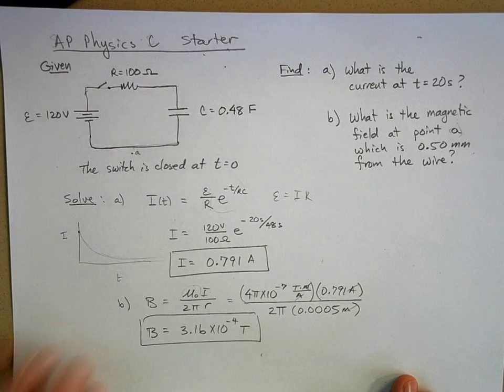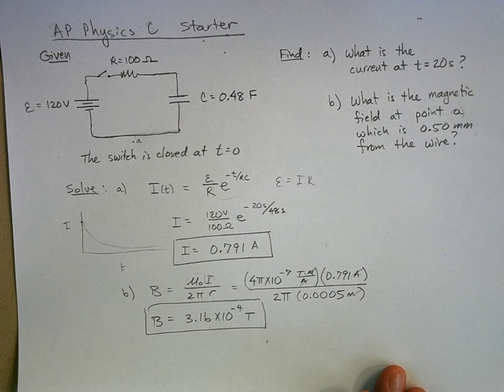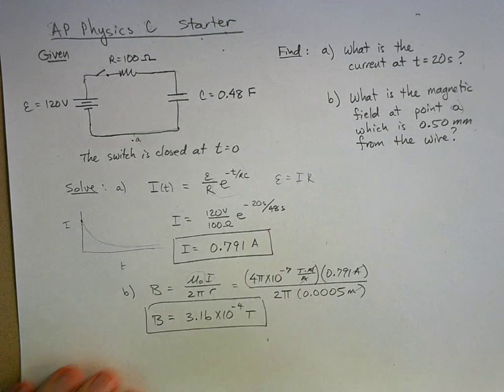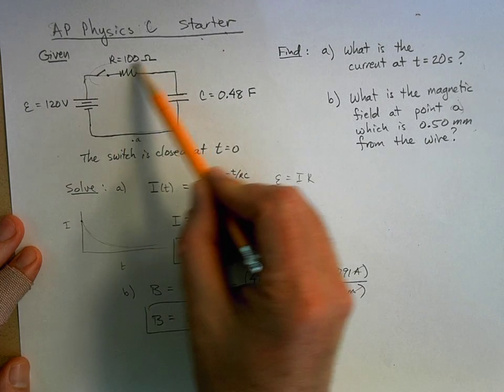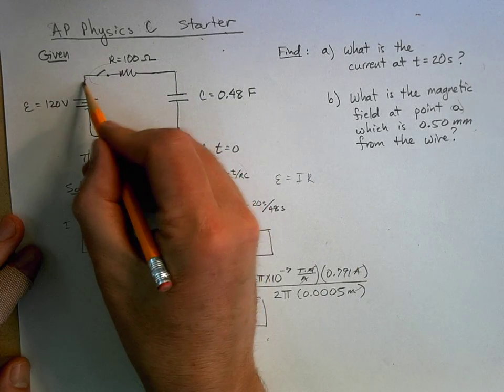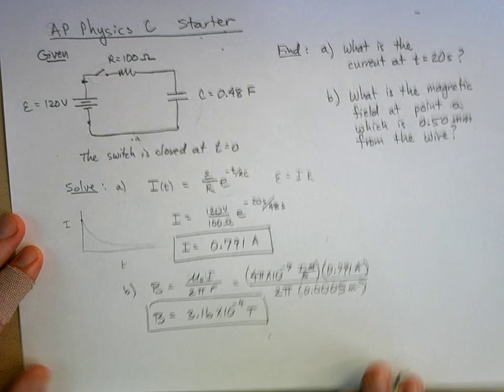All right. Now let me show you something here. Let's extend this problem a little bit. What if I just looked at this wire, from here over to here, and stretch it out over here?